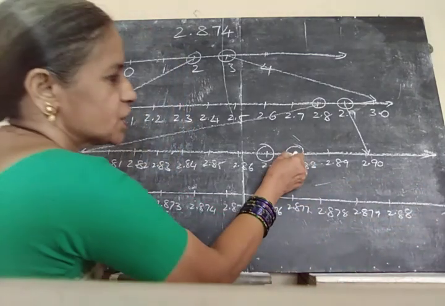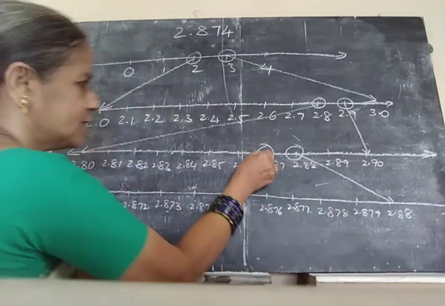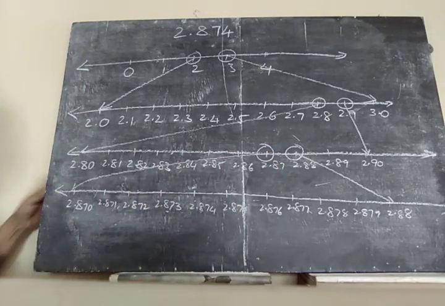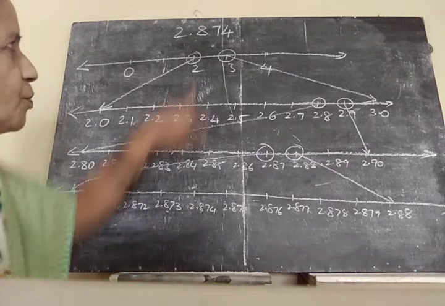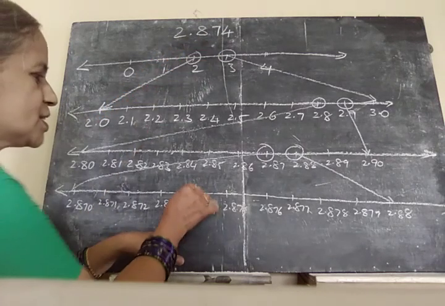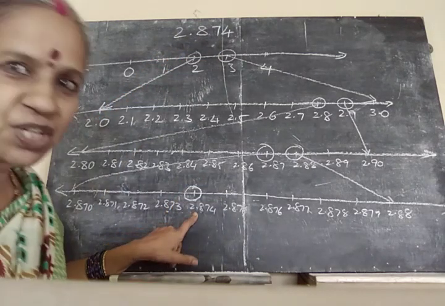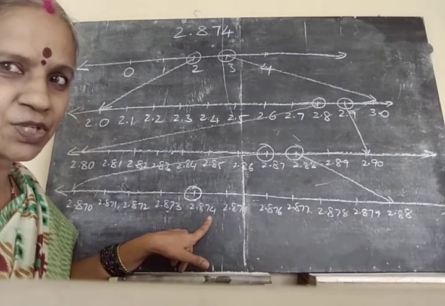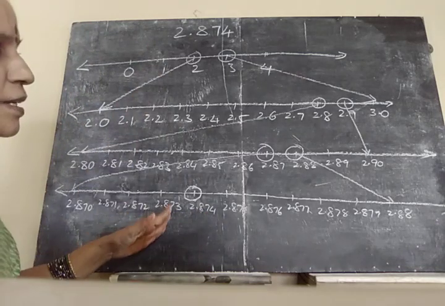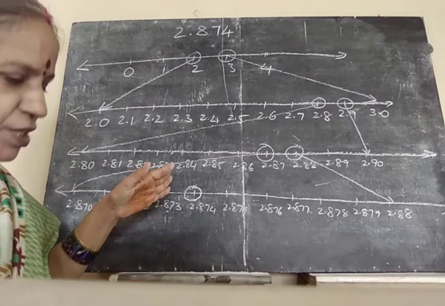Understood, children? So this is 2.88 and this is 2.87. Clear? Now what is our number? Where is it? 2.874. This is the position of 2.874. Understood, children? So this is 4 steps.